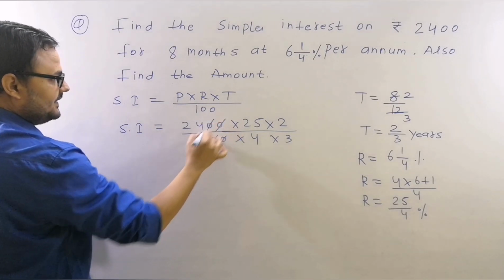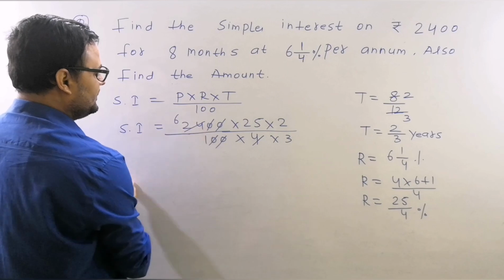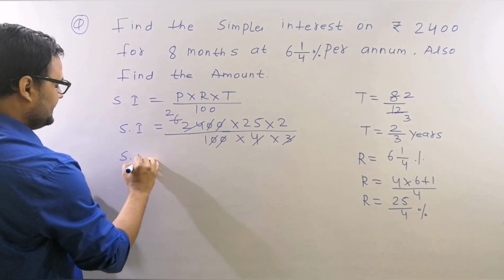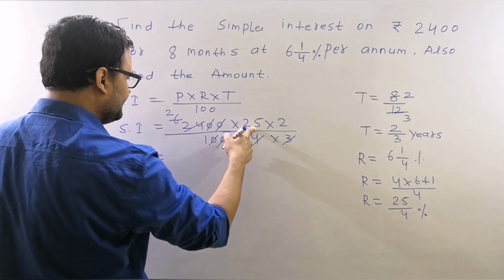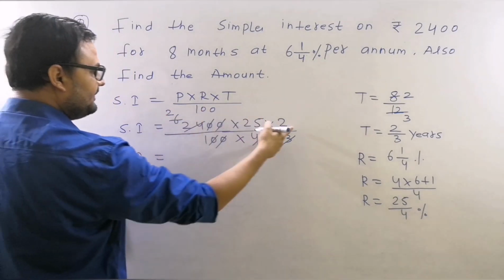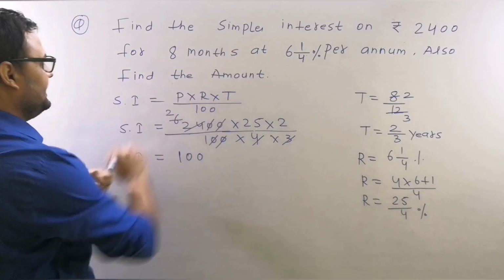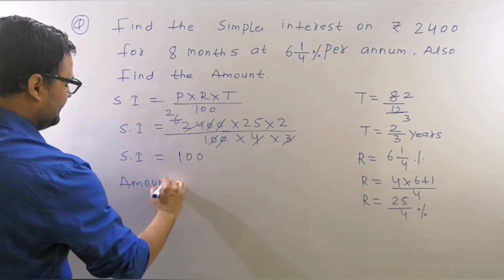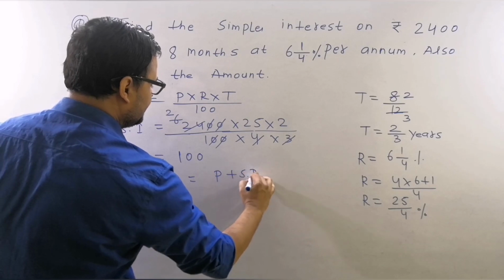2 zeros cancel. 4 how many times? 4 sixes are 24, and 3 twos are 6. So we got SI 25 into 2. 25 into 2 is 50, 50 into 2 is 100. We got SI as 100. Now we have to find the amount. The amount formula is P plus SI.